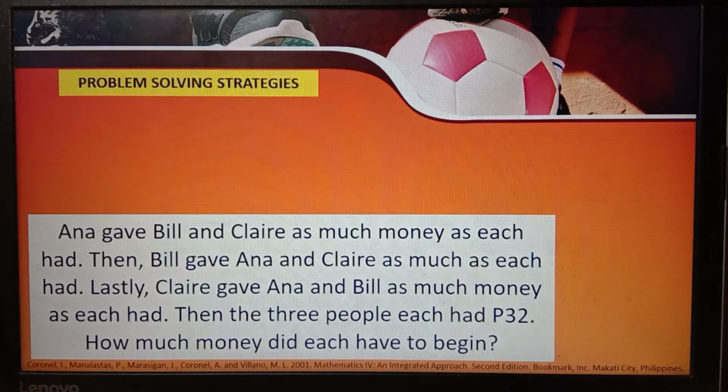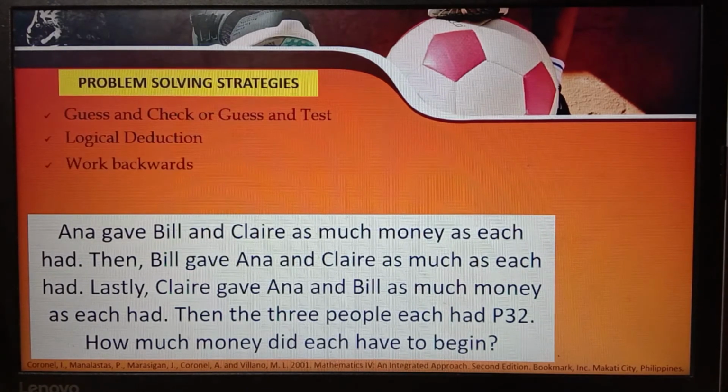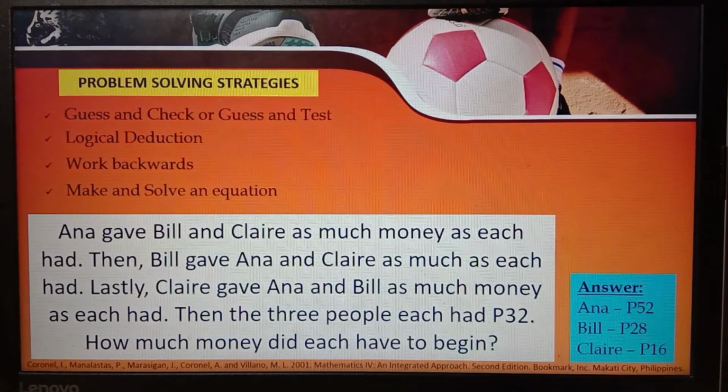But again, I would like to introduce some strategies you could use: trial and error, logical deduction, working backwards, or making and solving an equation. You should arrive at this answer: Anna began with 52 pesos, Bill with 28, and Claire with 16 pesos.